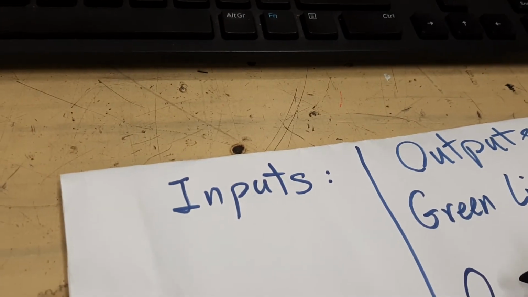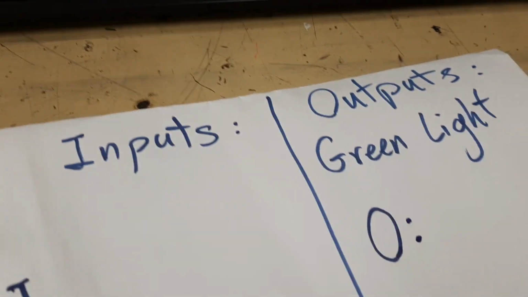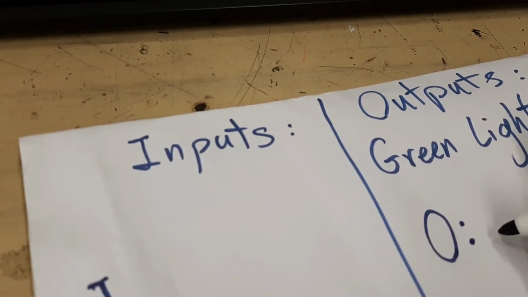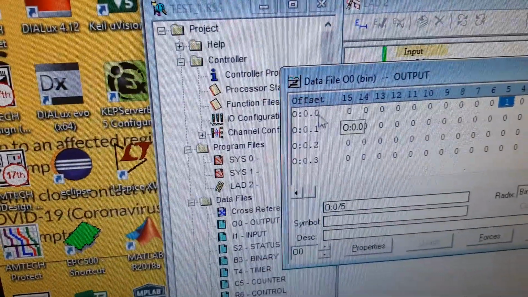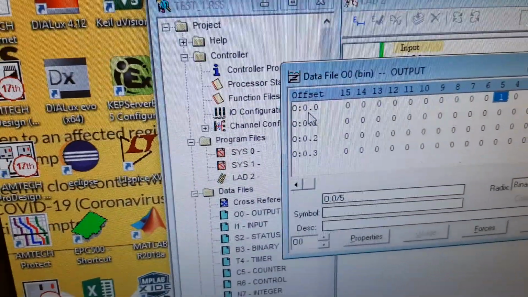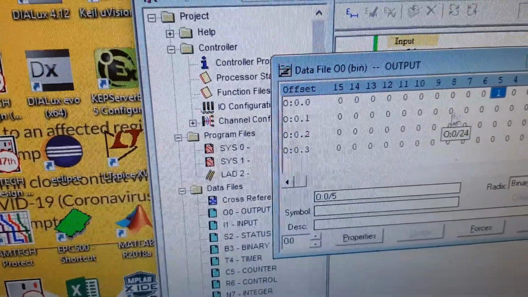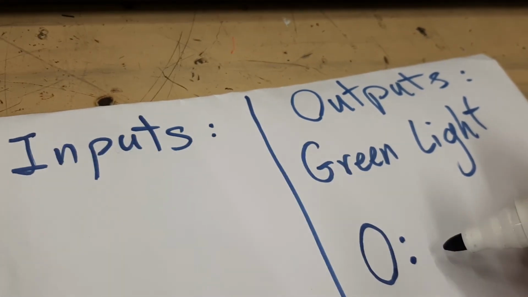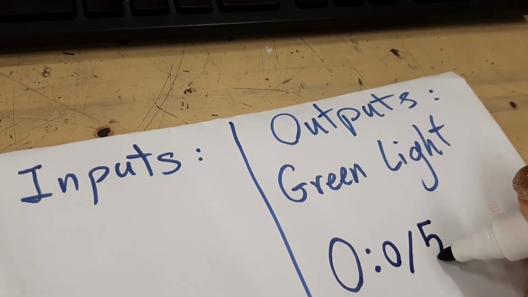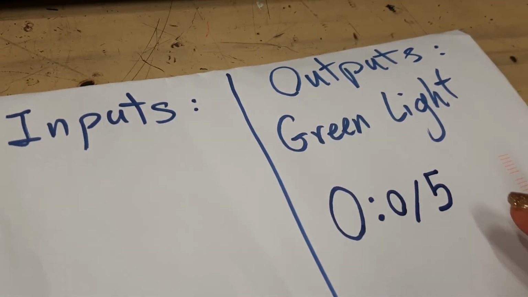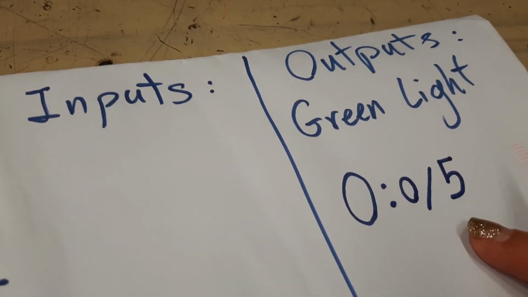Then we have this shape, and then the number, look at here, this one comes from this address. Do you see that? So it will be O:0.5. This will be the way that we write addresses.